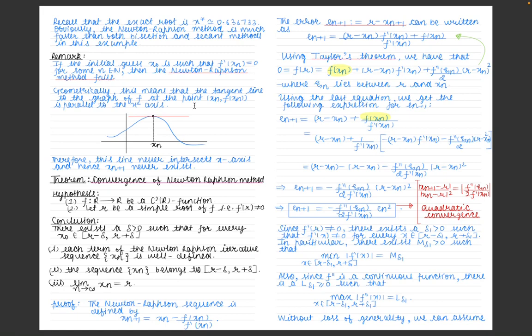So therefore this line never intersects the x-axis, and hence xn plus 1 never exists. So this was a remark.